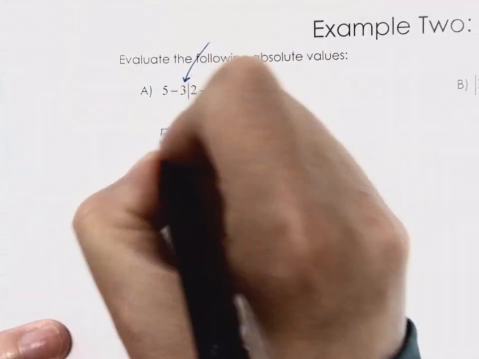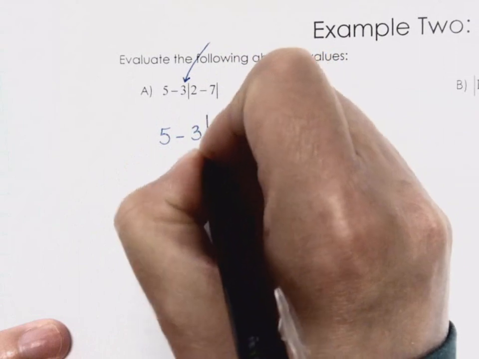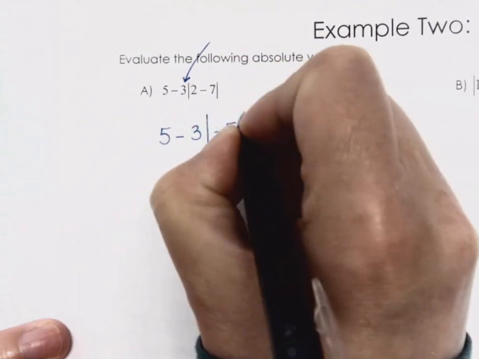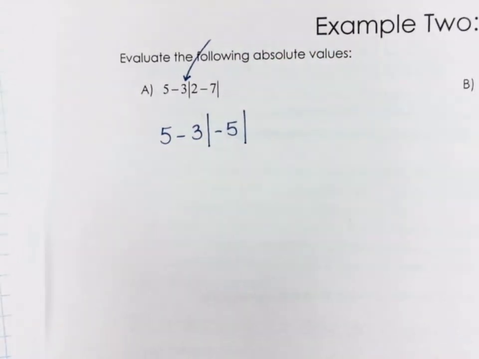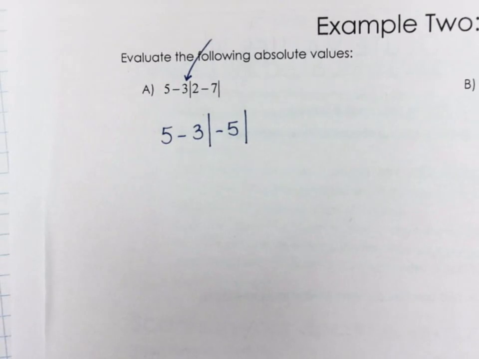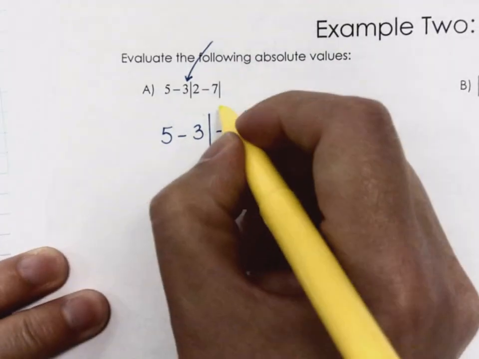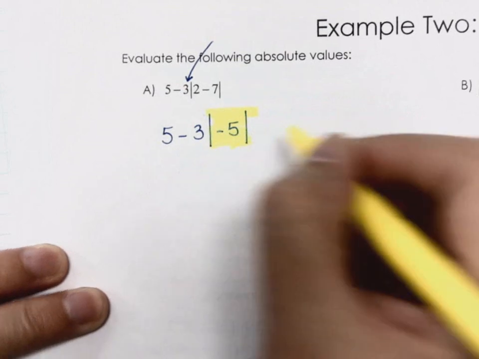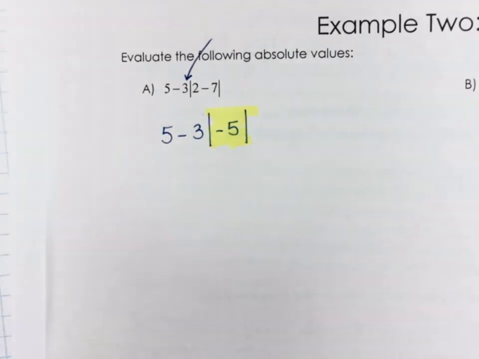So we have 5 minus 3, absolute value, negative 5. Now we are going to evaluate the absolute. So what is the absolute value of negative 5?